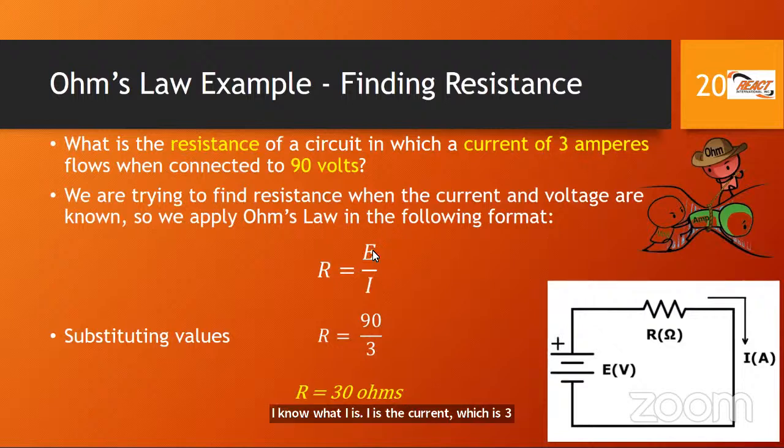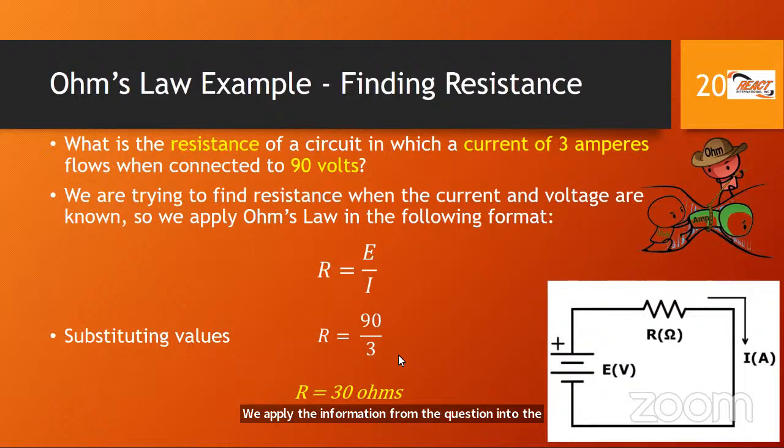So E on top is 90 volts and I below is 3 amperes. I come now to say R is equal to 90 divided by 3, or 90 over 3. I just divide and I get 30 ohms. You can use a calculator, or you could do it manually. So notice the question and how we get the answer. We apply the information from the question into the correct version of the formula, and we get our answer.